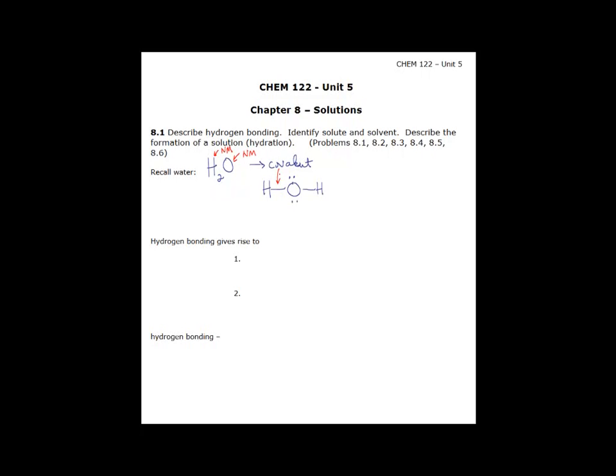Now, can you tell me, is it polar covalent or nonpolar covalent? Remember that concept, polar covalent or nonpolar covalent, deals with electronegativity. As you go from left to right in the periodic table, you increase the electronegativity. As you go from the bottom of the periodic table to the top, you increase the electronegativity. So you have hydrogen over here, and you have oxygen over here.